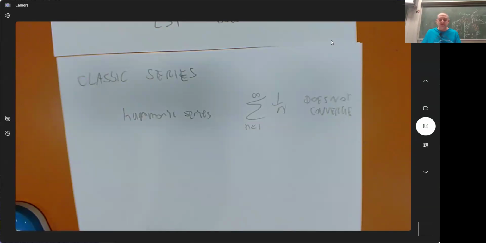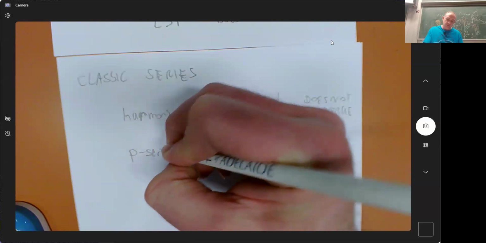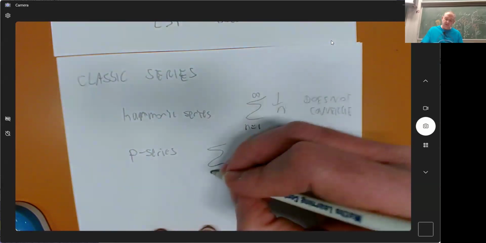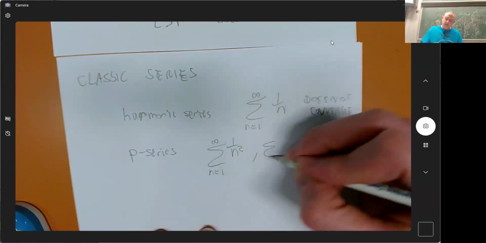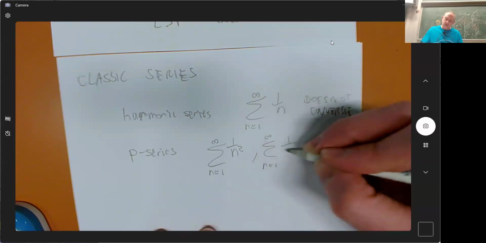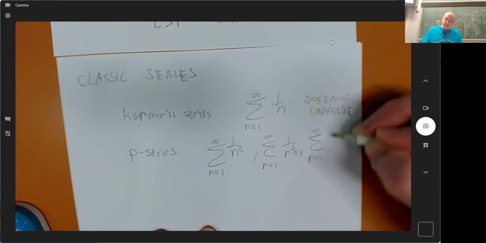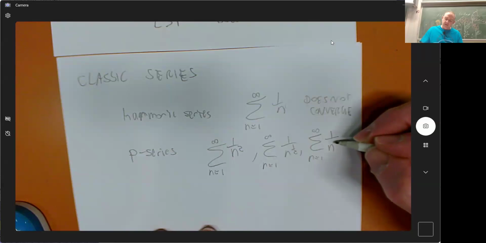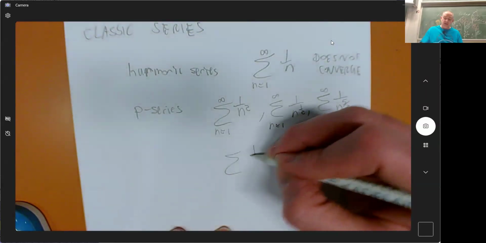So that's the classic. And there's also a p-series, which is things like 1 over n squared, or 1 over n to the half, or 1 over n to the 5 over 3, or whatever: 1 over n to the p.